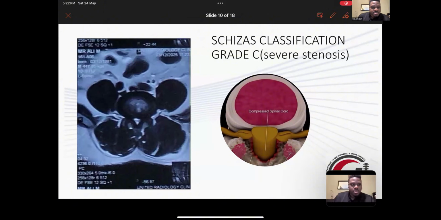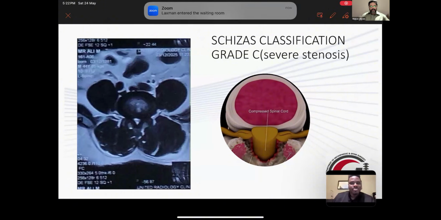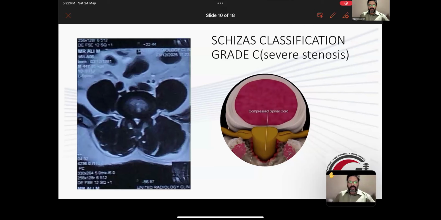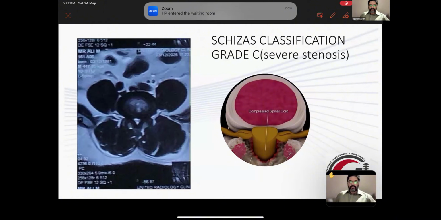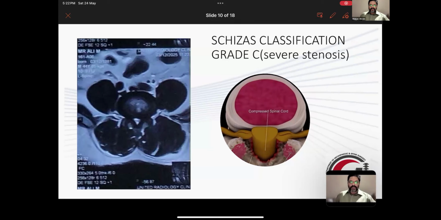Dr. Rizwan? Yeah. I have experience of 3 levels stenosis doing with UBE. It's not bad. It's good. You can do it. And for every level, you have to make 1 portal more. And there are few cases in which we just did using these 2 portals. Like sometimes you land into a wrong level.